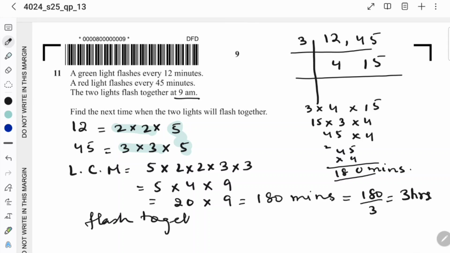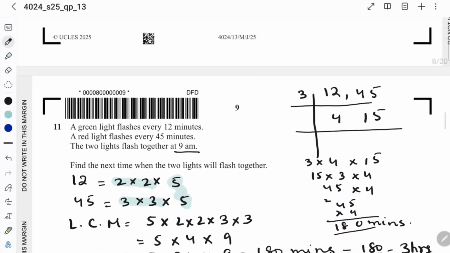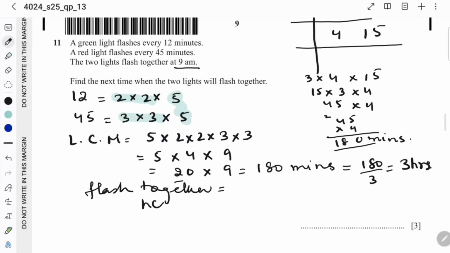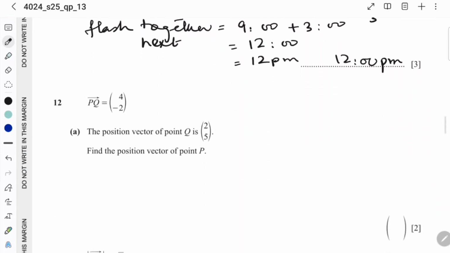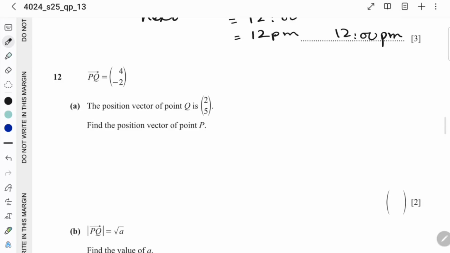Time will be equal to 9 plus 3, that is 12, or 12 p.m. Okay, so that is in 24 hours and in your 12 hours time.